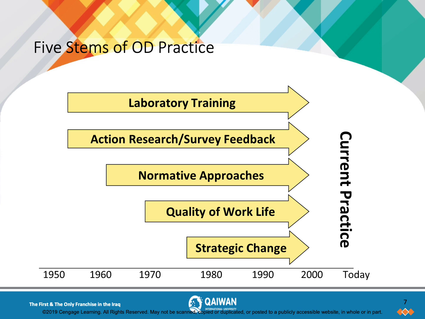And the next one, quality of work life, started in the 1970s. They focused on employee well-being. The attention shifted to employee satisfaction and work conditions through work-life balance and a safe and supportive work environment.